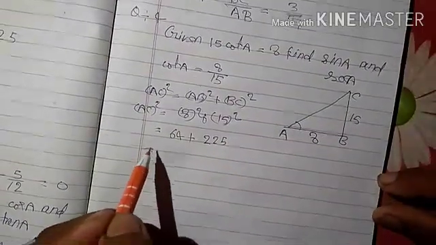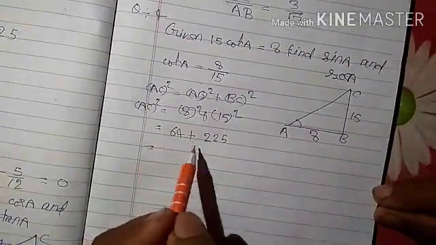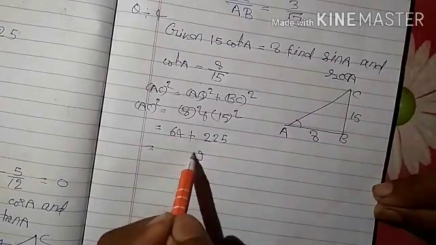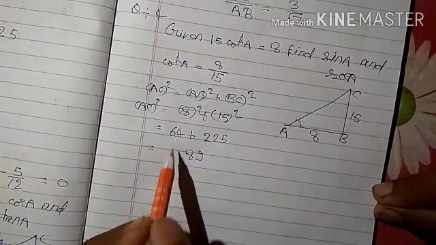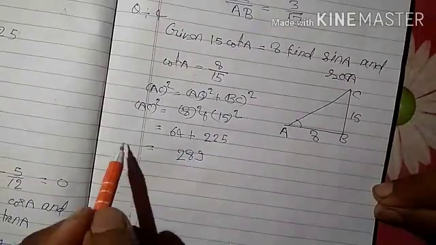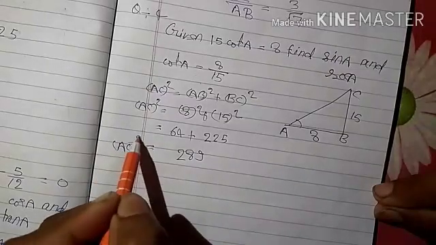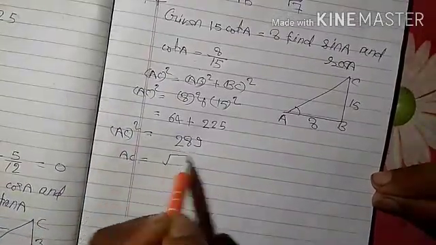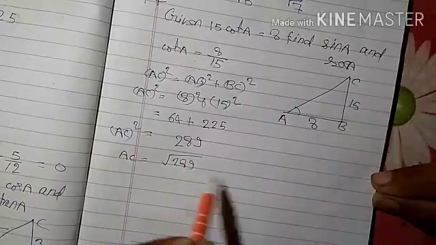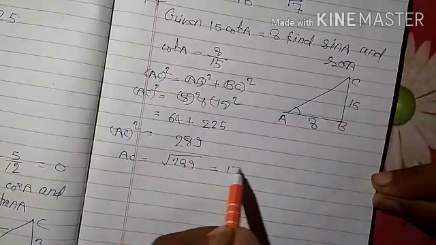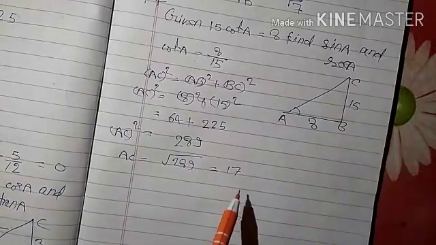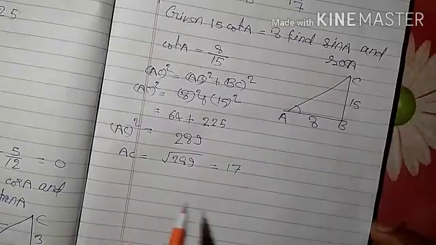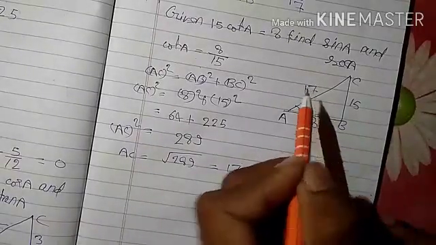Adding these, we get 289. So AC square is equal to 289, and AC is equal to square root 289, that is 17. So AC is 17.